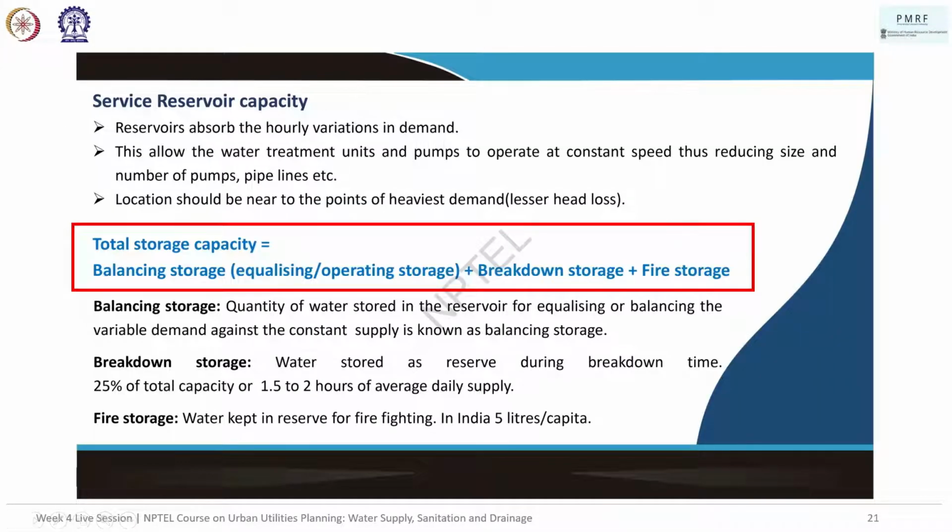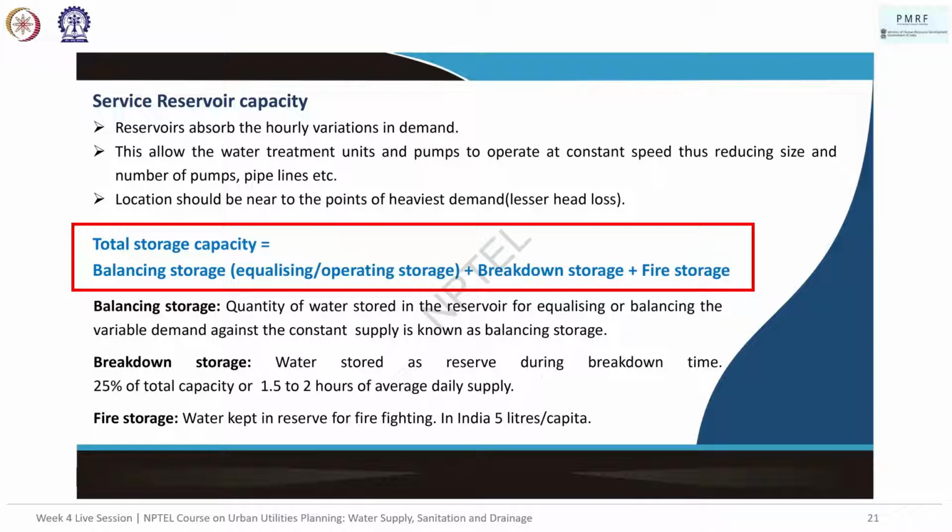The balancing storage is basically, if you remember from the lectures, throughout the day we have differential requirements for water coming from different households, different uses, different land uses. You cannot just keep modifying the amount of water that you're taking out of a reservoir and treating and then giving to the distribution network, because the demand is dynamic.